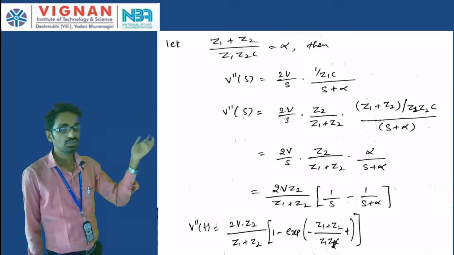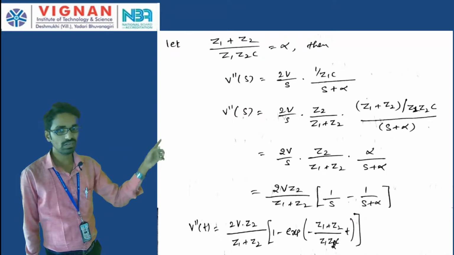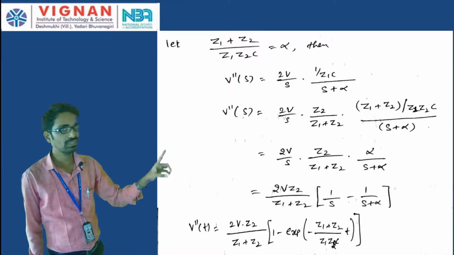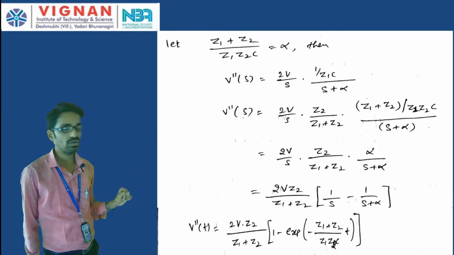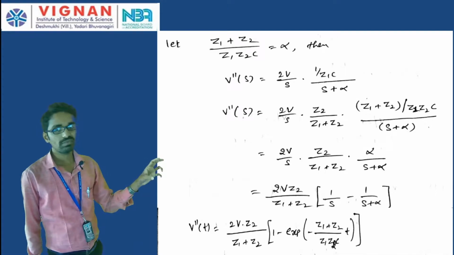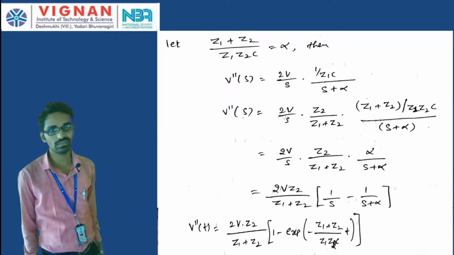Here, 2V by s into Z2 by Z1 plus Z2 you get the same value, but Z1 plus Z2 by Z1 Z2 into C is nothing but the alpha value which we assumed at the starting. So that becomes alpha by s plus alpha.